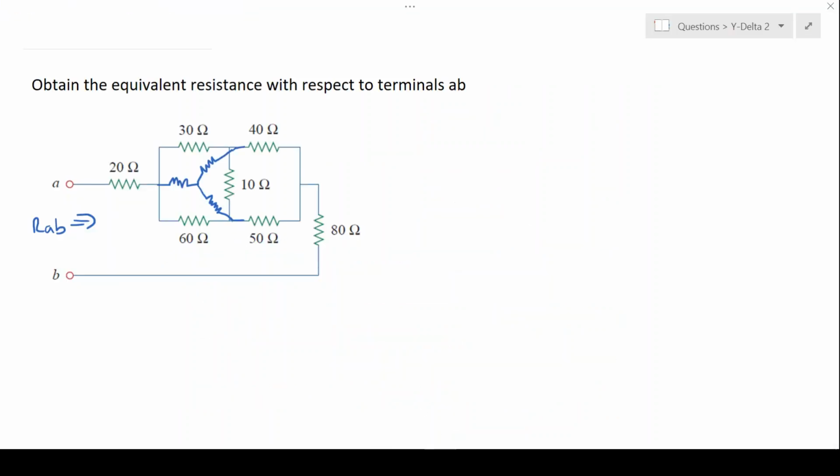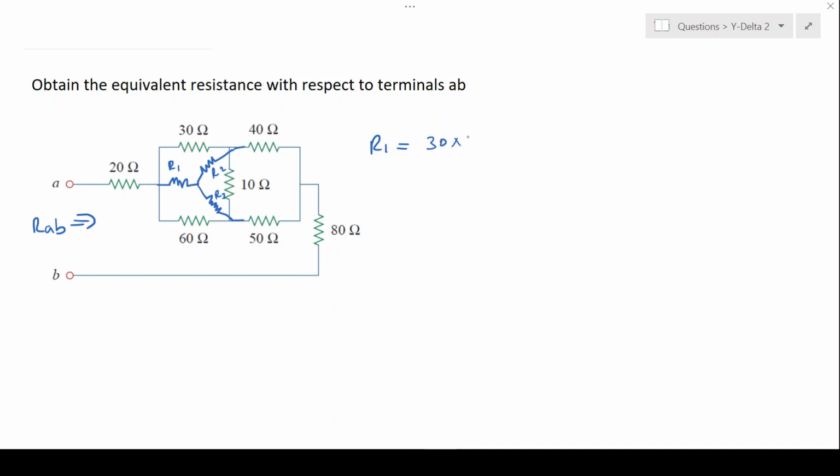So if we go back to our circuit, let's call these R1, R2, and R3.